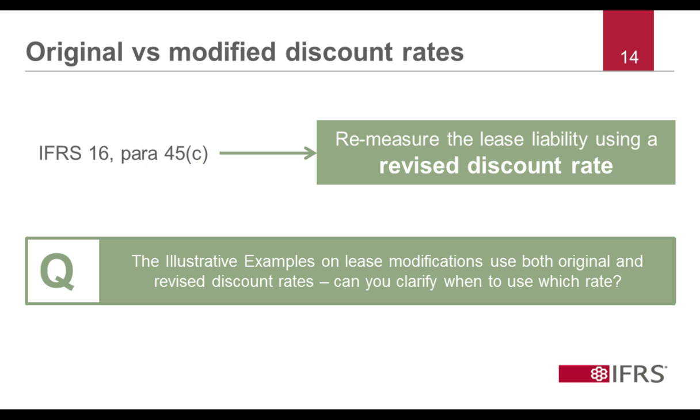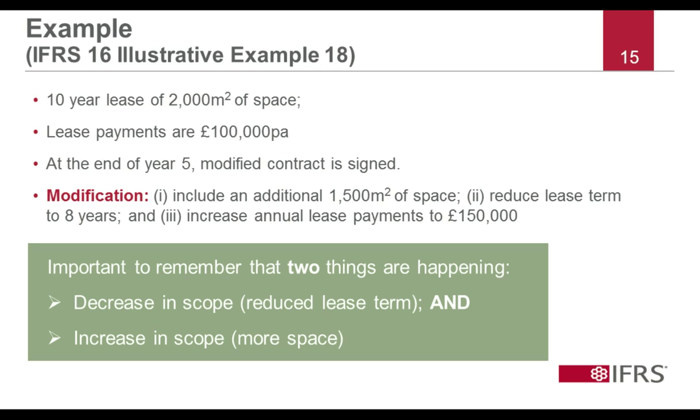This example relates to a modification that both increases and decreases the scope of a lease. So this is a detailed example, and the key facts are summarised on this slide. The lessee initially has a 10-year lease of 2,000 square metres of space, with annual lease payments of £100,000.